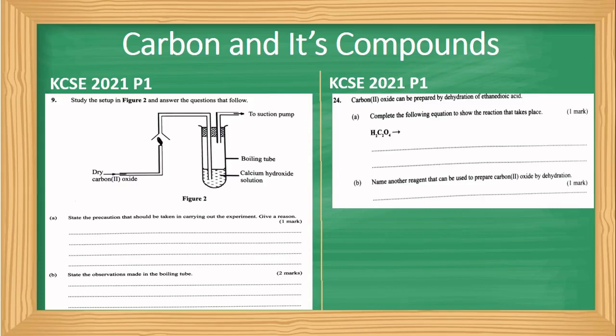So carbon 2 oxide can be prepared by dehydration of ethanoic acid. Complete the following equation to show the reaction that takes place, and then also name another reagent that can be used to prepare carbon 2 oxide by dehydration. So those are questions you can be able to answer.